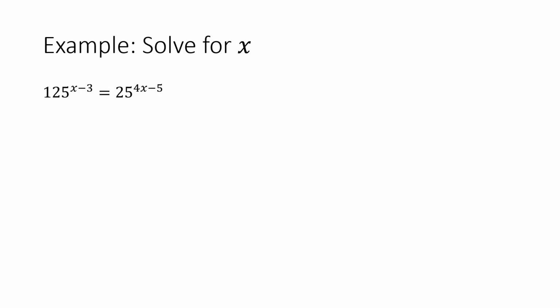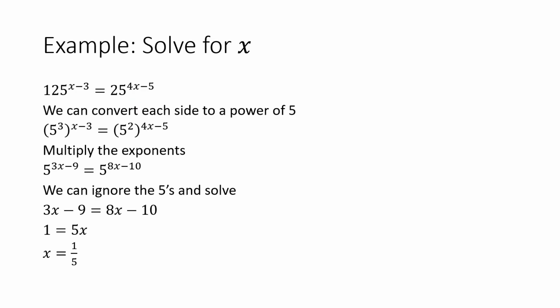What if we have 125 to the x minus 3 equaling 25 to the 4x minus 5? Well, we can't make 125 have a base of 25 easily, but we can fairly easily make 125 have a base of 5, and we can fairly easily make 25 have a base of 5. So we see that 125 actually equals 5 cubed, and 25 actually equals 5 squared.